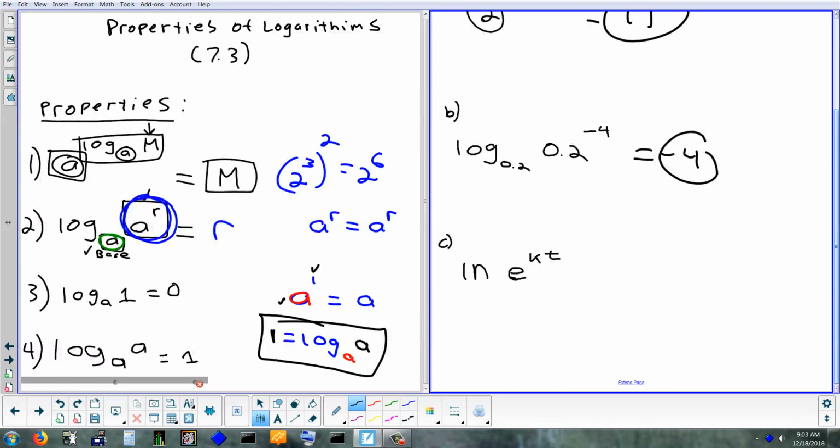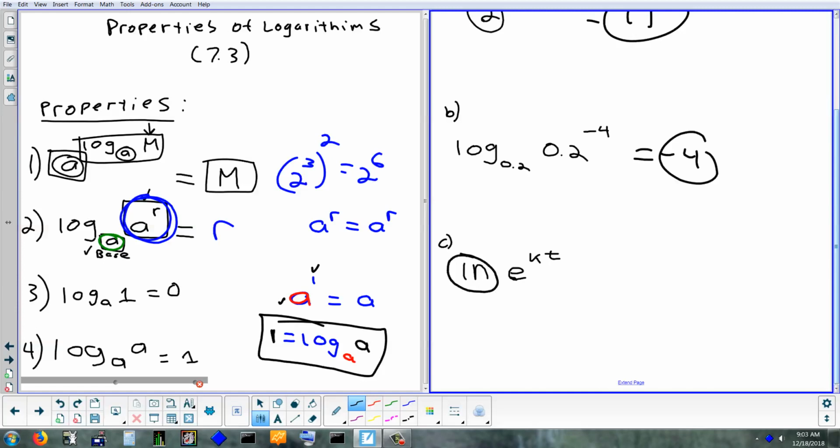It doesn't look exactly like the second property to me. Yeah? Because it's log base 10 of kt. Can you say that part again? Log base 10. You're on the right track, but not quite. If it was, well, I won't say anything else, but not quite.